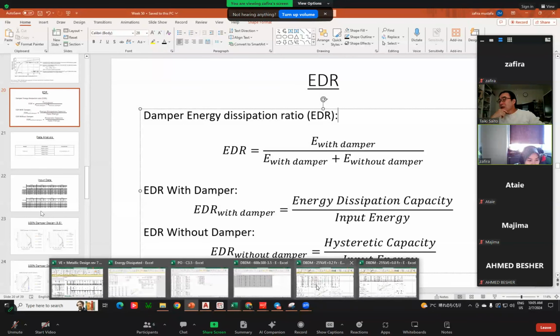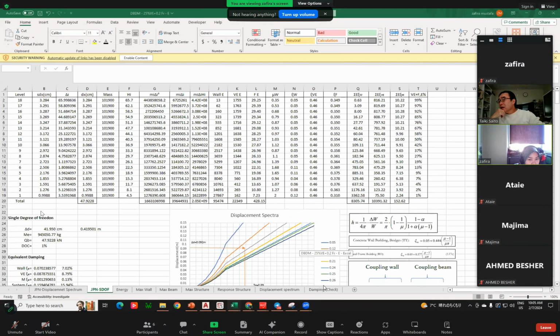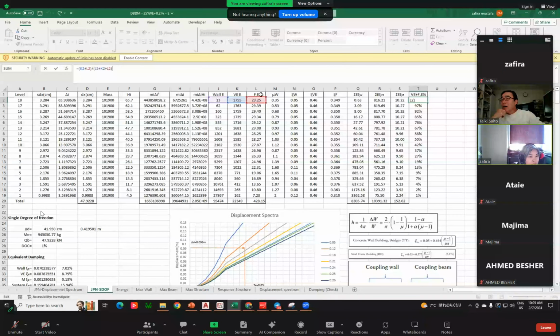Try open. So, for example, this model 25 with 0.2 friction damper. We have the wall, and then we also have the viscoelastic damper, and we also have friction. Here I calculate the viscoelastic plus friction damper, and divide by the total energy.